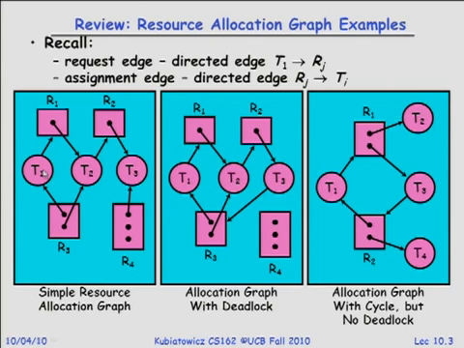As a result of these graphical models, we can walk our way through and find deadlocks. For instance, this has got a deadlock, and if you look, you'll see it never resolves. This is a case where some thread's waiting for a resource, which is waiting for a thread, which is waiting for a resource, which is waiting for a thread, which is waiting for a resource.